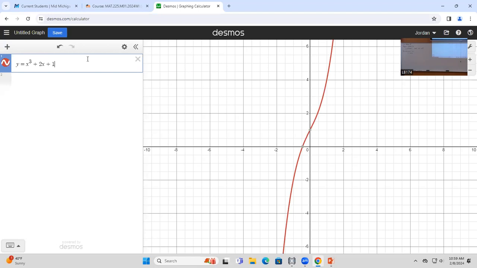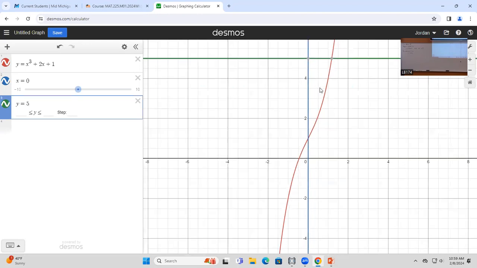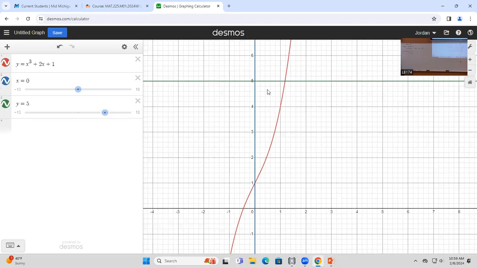There we go. X equals 0, y equals 5. Okay. So you can see the region that we're dealing with, it's right here. It's a nice solid, almost triangular region here, and we're going to revolve it around the y-axis.